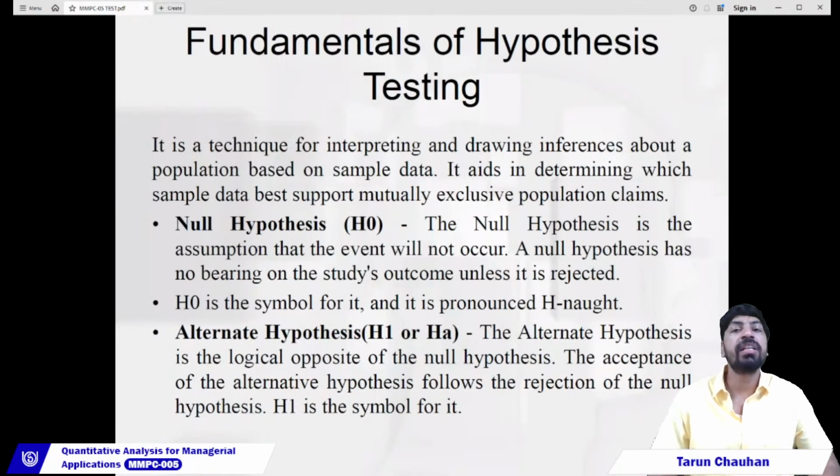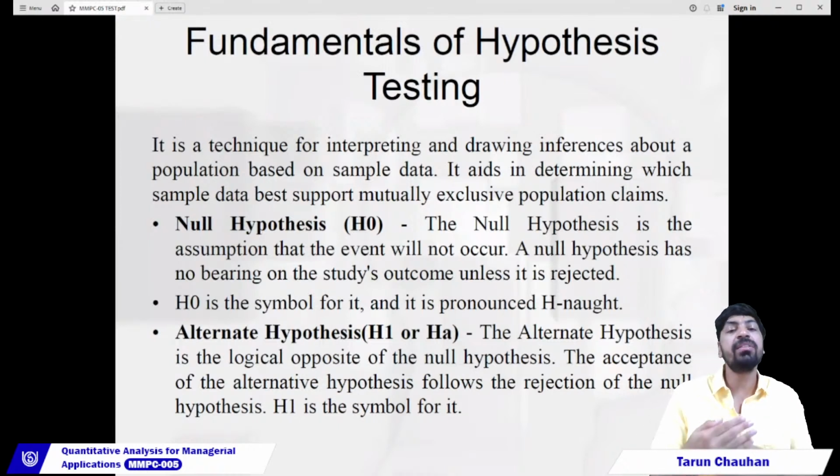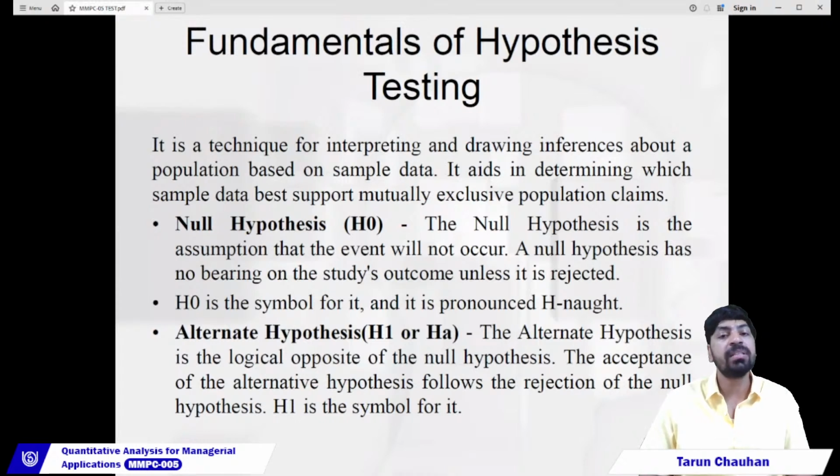Let's talk about the fundamentals of hypothesis testing. Before any researcher applies this test, it is very important to understand the two main types of hypothesis which are used in testing the declarative statement. So basically, what is hypothesis testing? It is one of the techniques for interpreting or drawing conclusions about the population based on the sample collected by the researcher.